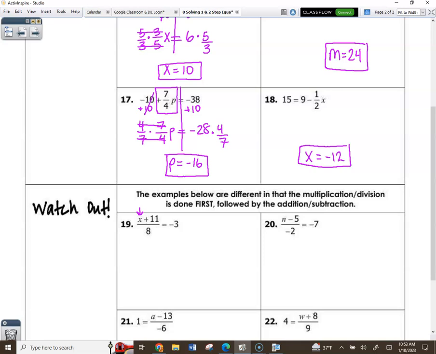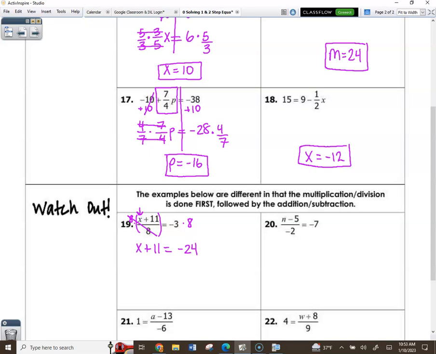The 11 is attached into the top of the fraction. That's a giant fraction all over 8. Let's get rid of the fraction. What's the opposite of divide 8? Multiply 8. So if you multiply this whole thing by 8, you think, oh, that's going to be really ugly. No, it's not, because it goes away. Then come over here and do it. Now you have that nice numerator, and then equals negative 24. And now it's 1 step left. Does that make sense?